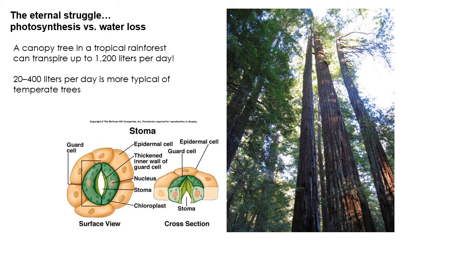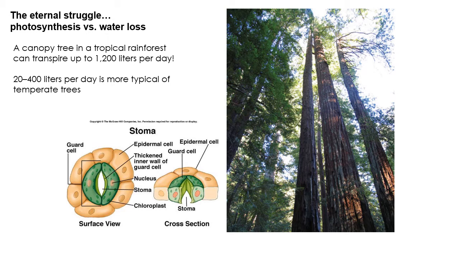As it says here, take a canopy tree in a tropical rainforest, as long as you have enough water, right? If there's soil water, like in a rainforest, if there's evapotranspiration off the surface of those leaves, high temperatures, direct sunlight, wind, all of those sorts of things that you see in a canopy, you lose a lot of water. So a rainforest tree can lose up to 1,200 liters of water per day.